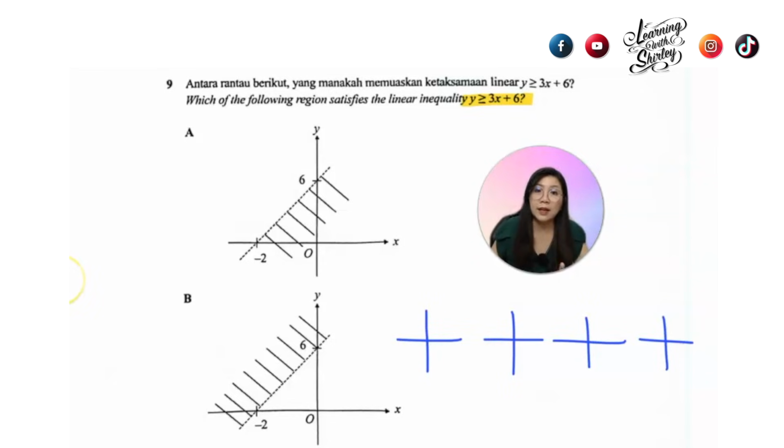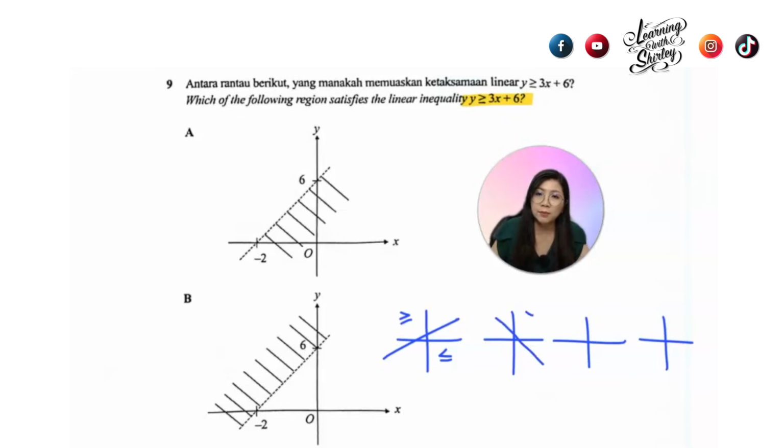Okay, let's say the line is going up from left to right. So on the top side, it will be more than or equal to if it's a solid line. If it's a dotted line, there's no equal to, and the bottom is less than or equal to, okay? So what if the line is going down from left to right?